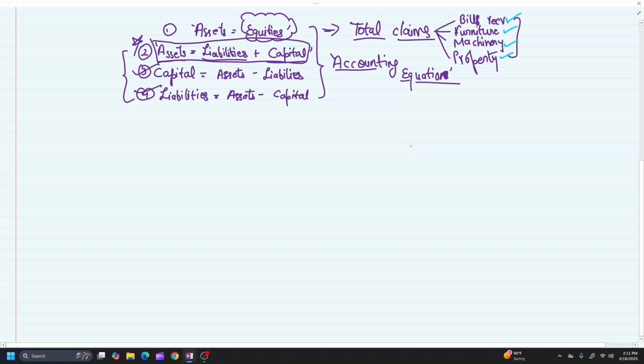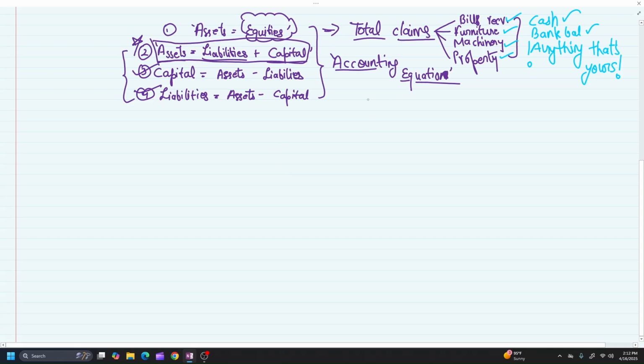In normal terms also, if you ask your father what his assets are, he may name some of his properties, his cars, his cash, his bank balance, and so on. So that all comes under assets. Assets include your cash, your bank balance, literally anything that's yours. Anything that is yours is an asset.